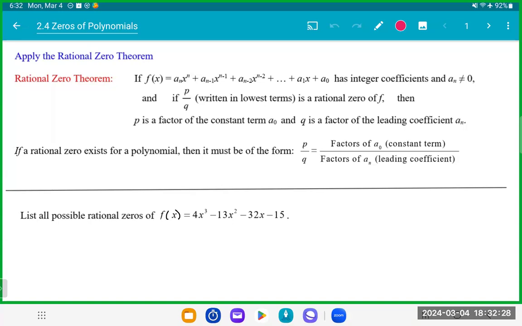That little blurb up at the top of the page really goes into the whole theory behind that. I'm going to break it down a little more simply.